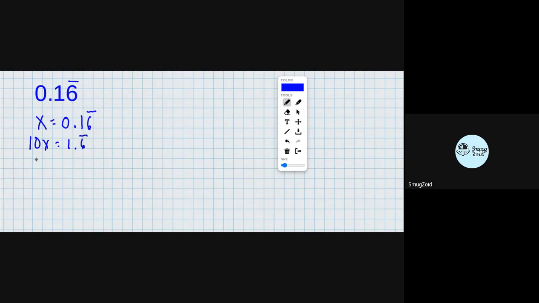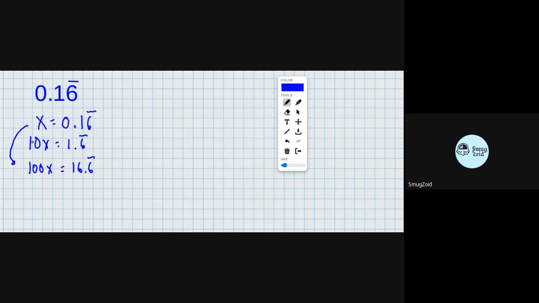Then I'm going to take the same thing and now multiply it by 100. You're like, what is going on? 100x ends up being 16.6 repeating.